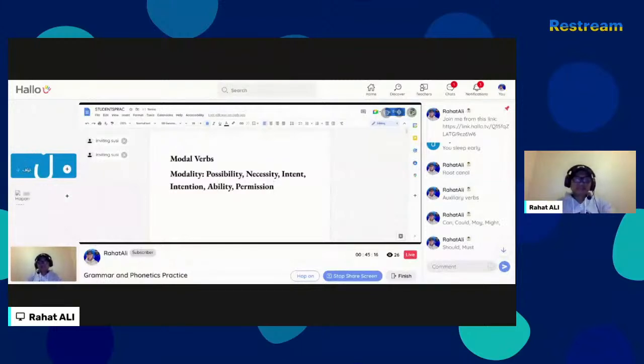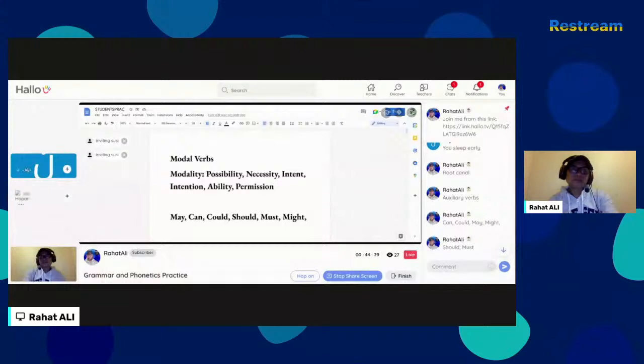And generally these verbs are may, can, could, should, must. Also past tense is might. So also would, shall.